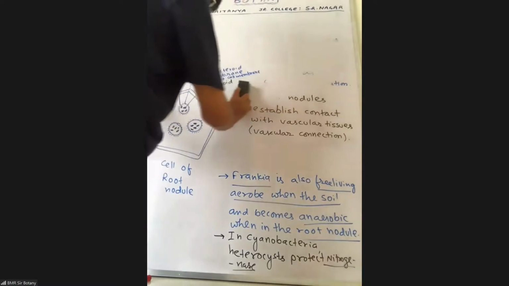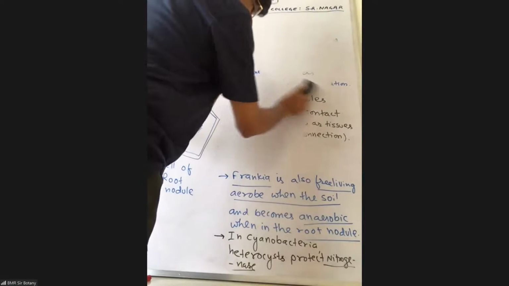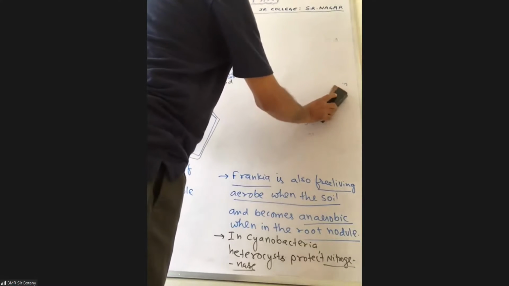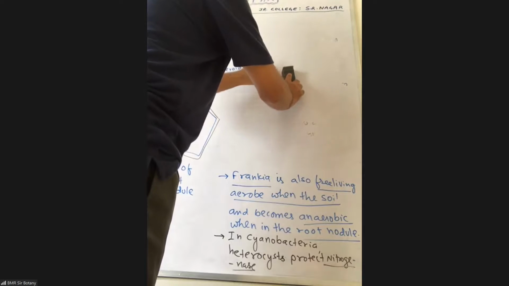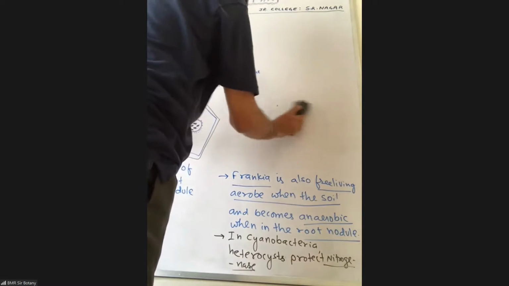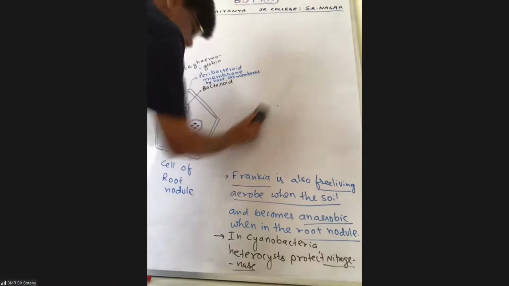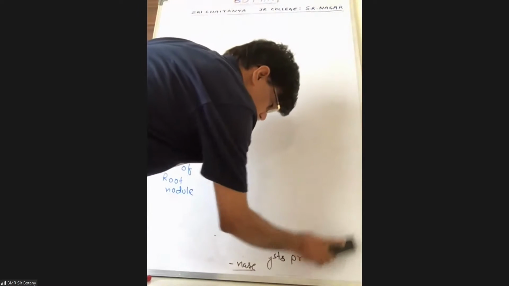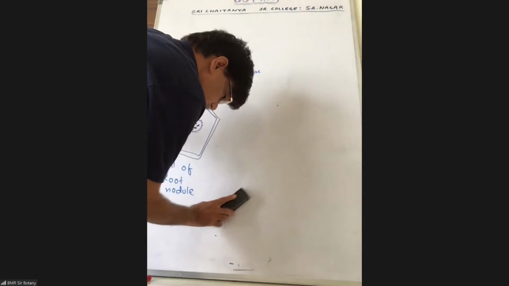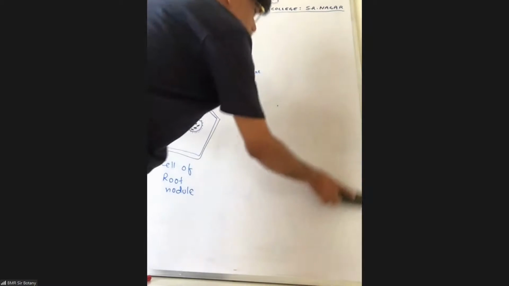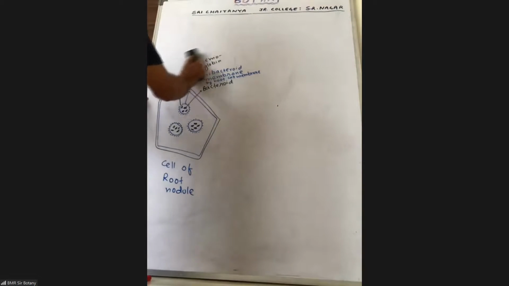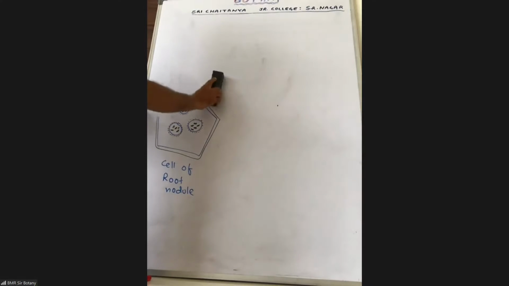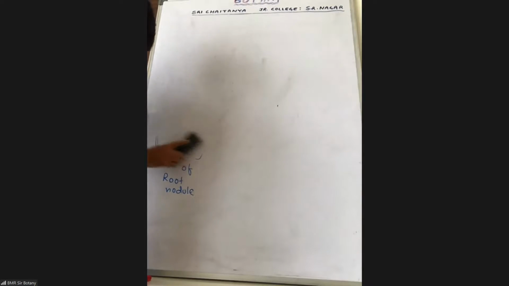So the next step, ammonification. This diagram gives you clarity, Nana. It's not there in the textbook, of course, it's there in the Akash material.